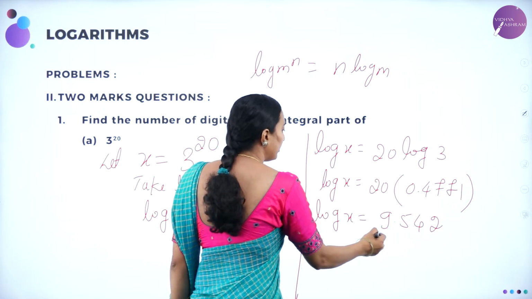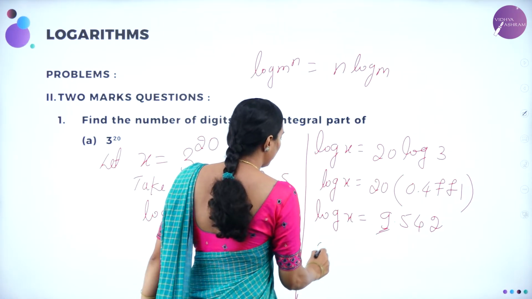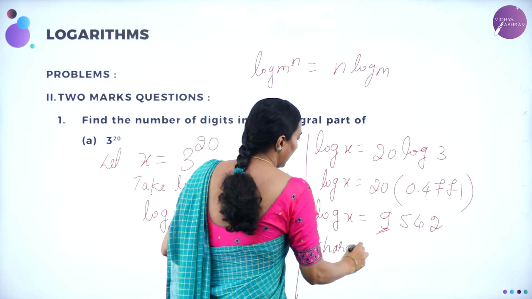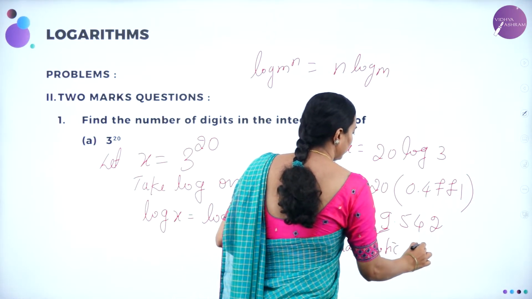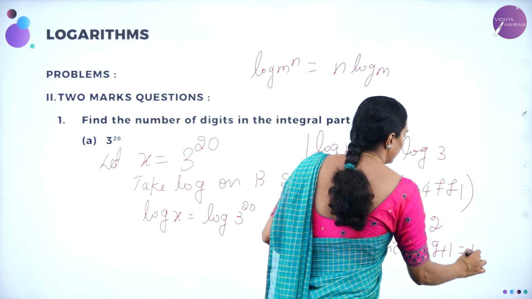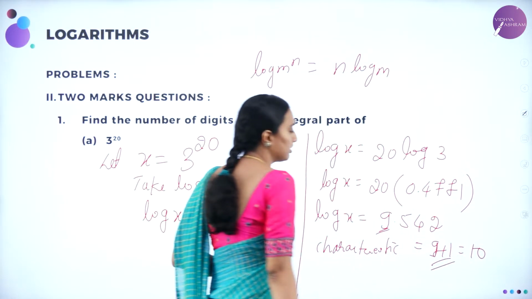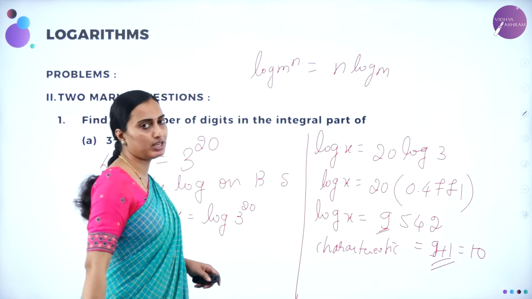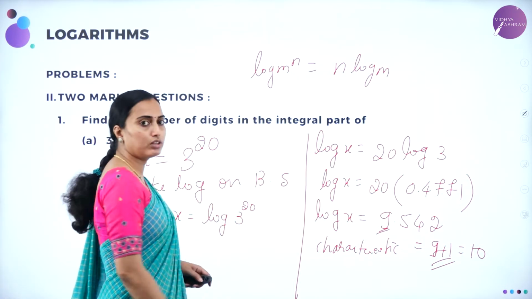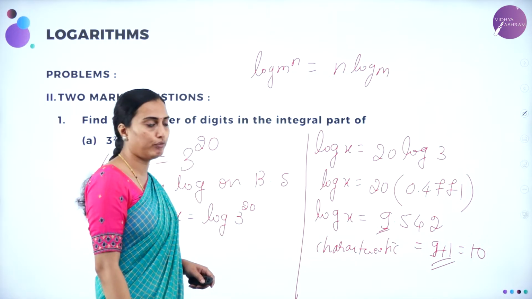Since you have 9 here, the characteristic is 9 plus 1 is equal to 10. This is your characteristic. Okay, that is how you are going to find the value. If you want, you can find the x value as anti-log. Understood? This is the procedure to find it.